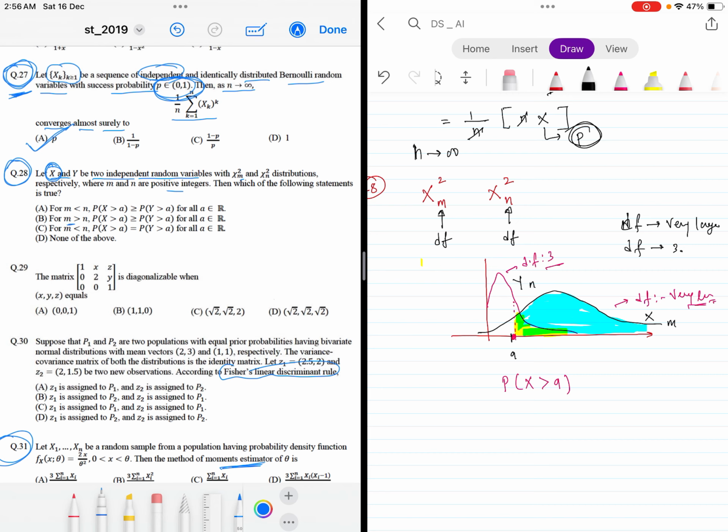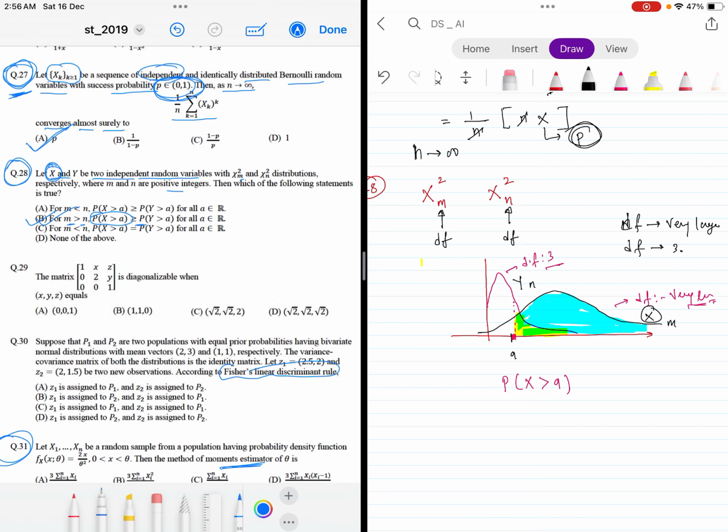Because m is greater than n. In this case, the probability that x is greater than 0 will be greater than or equal to the other, so this is the correct one. So B is correct.